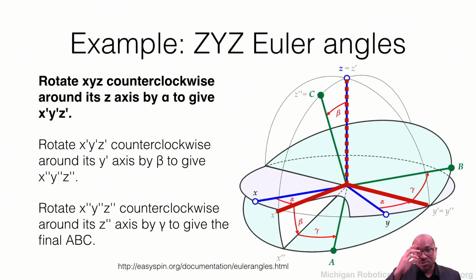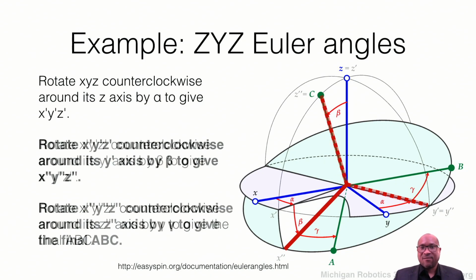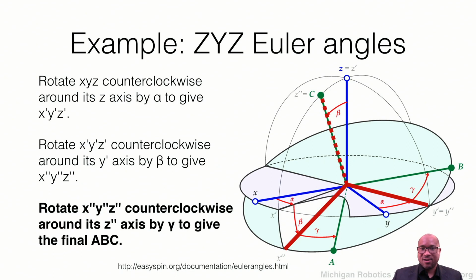This rotation induces a frame change. But once I've done that, if I want to rotate about my new Y, I can rotate about that in terms of beta. Get about the angle beta. And then I get a new frame, and then if I rotate about Z again, I'm going to get another new frame to get my final axes.